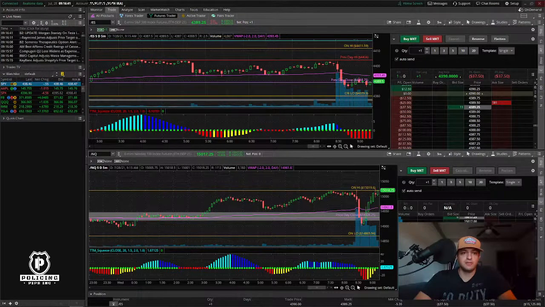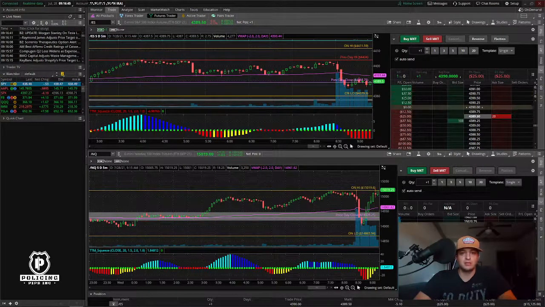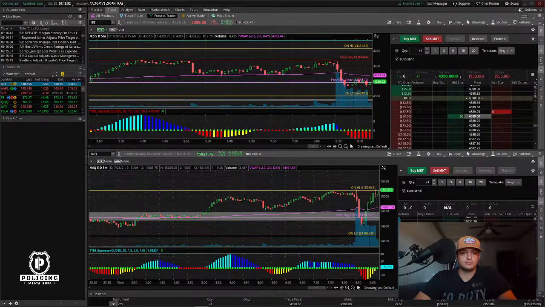NASDAQ pushing above, looking like it wants to continue its run up. There it goes. Looking at some of the Discord stuff from other chats I'm in.